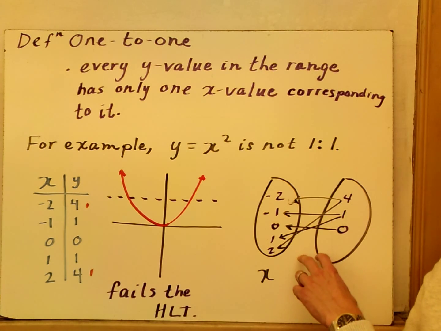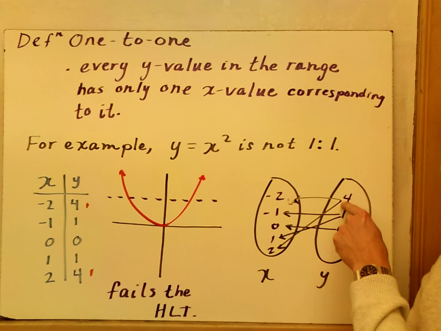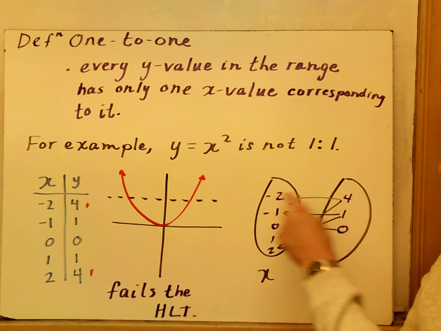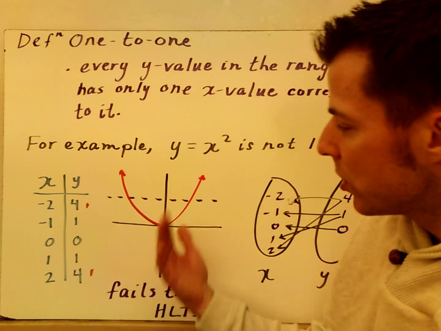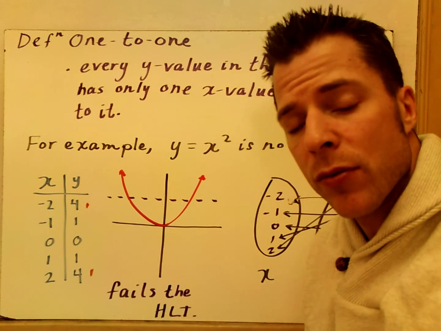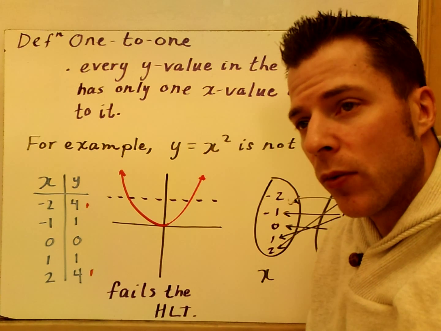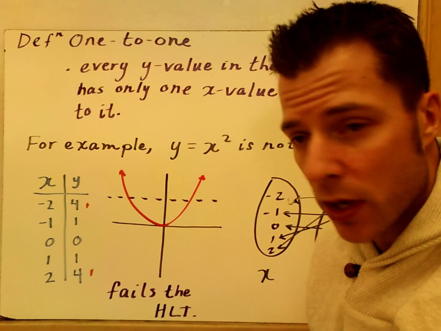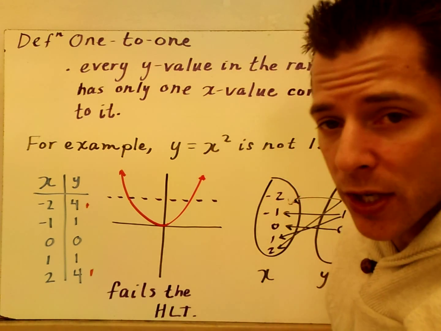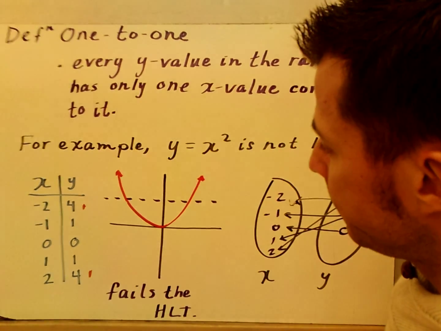A mapping diagram looks like this, and I have here, so 4 has 2 arrows going from it. You're going back to x, so you know it's not one-to-one. So just like the vertical line test shows you if a relation is a function, the horizontal line test tells you if a relation is one-to-one. Parabolas, quadratics are not one-to-one.